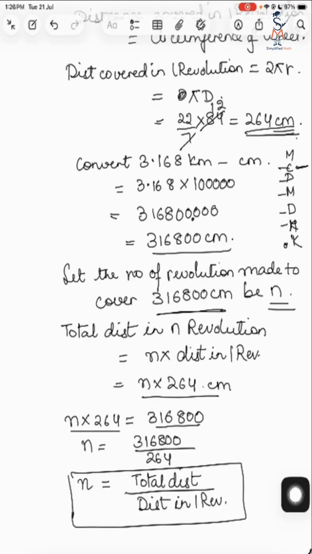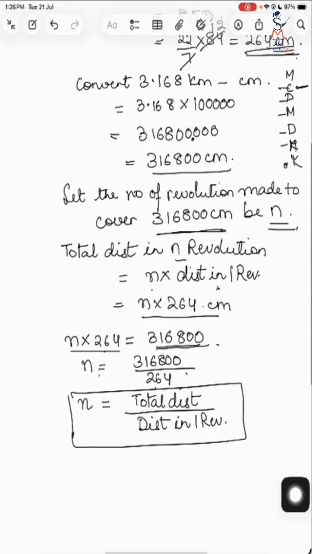Or if you want to understand, let the number of revolutions made to cover 316800 centimeter be n. So the total distance in n revolutions will be n into the distance in one revolution, that is n into 264, which has to be equal to 316800. So n will be 316800 divided by 264; 264 goes to the other side and becomes divide.